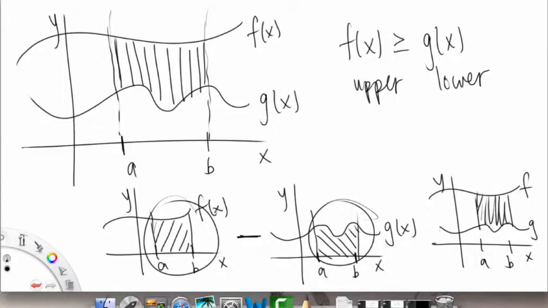So this is the entire function here, right underneath. That was the entire one. But now I'm going to subtract away the bottom. If I subtract away that bottom area down here, that leaves us with the top, whatever is the area in between. So formulaically, this is what it looks like.